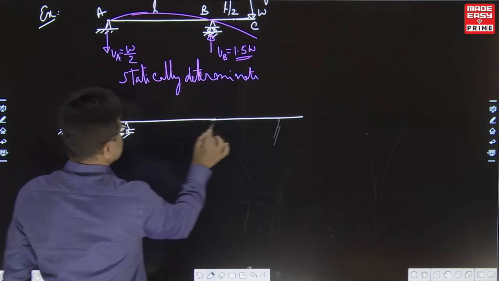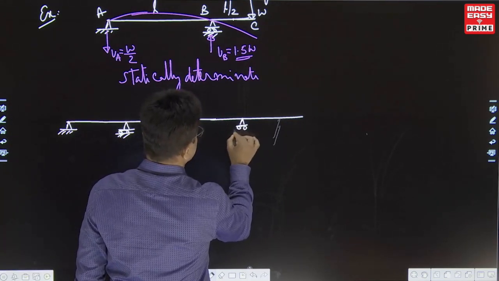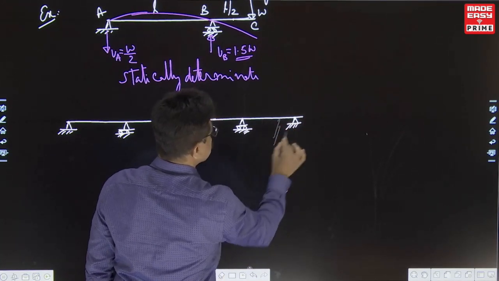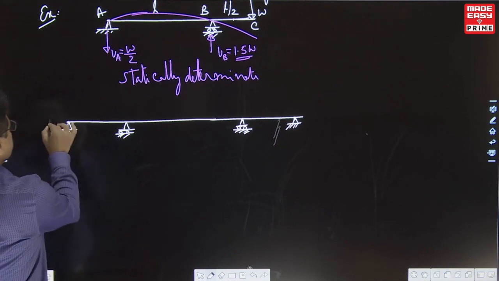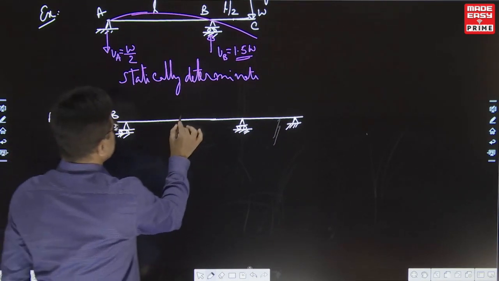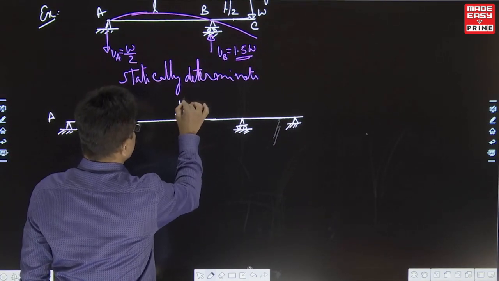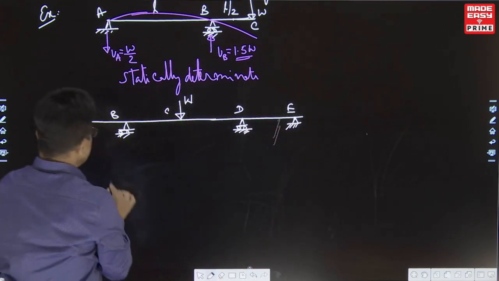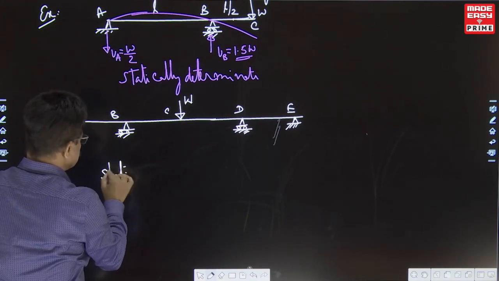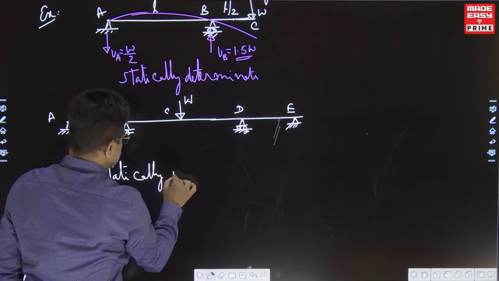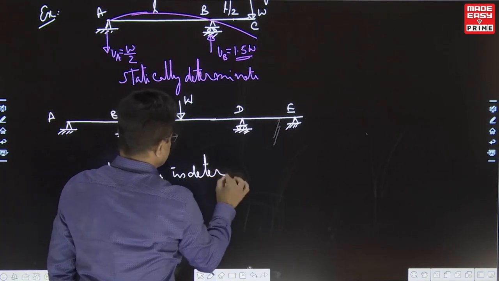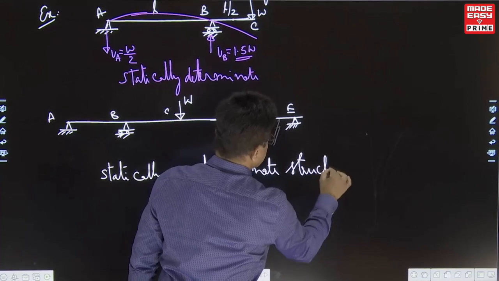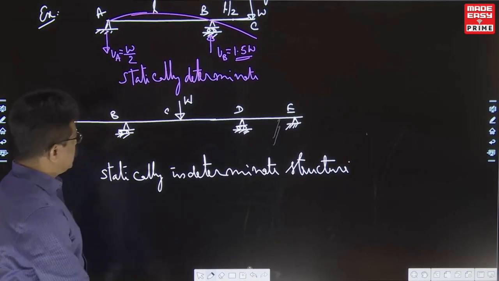Some roller support is there, some hinge support, something like that, say. The points are A, B. At the center you apply some load W, with points C, D, E. This is a statically indeterminate structure.